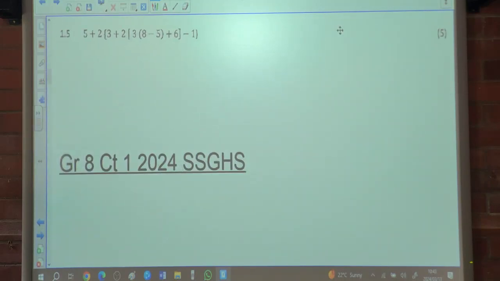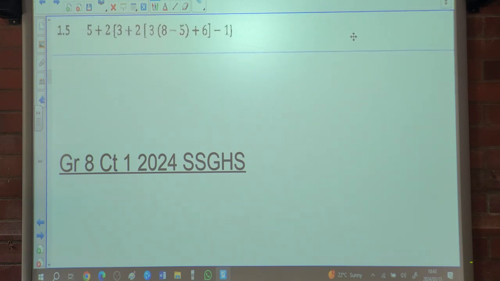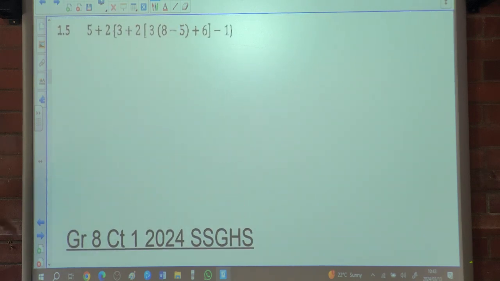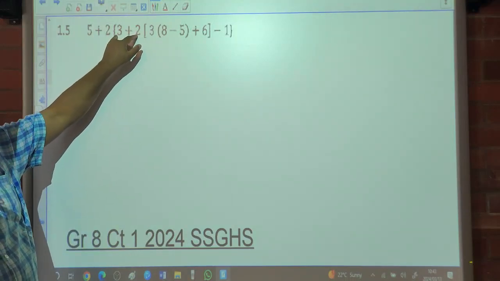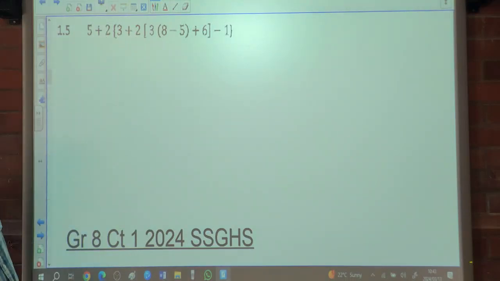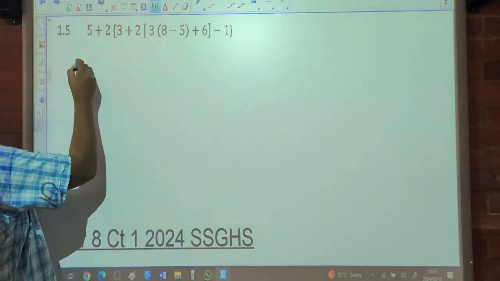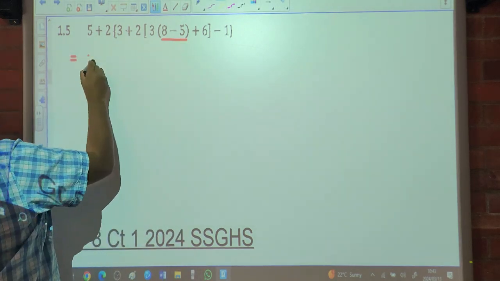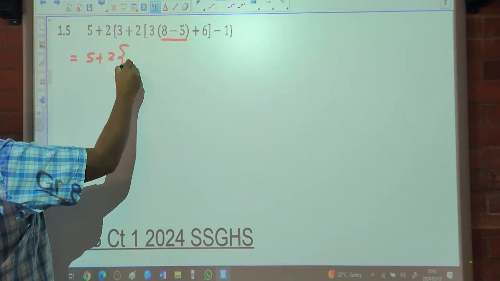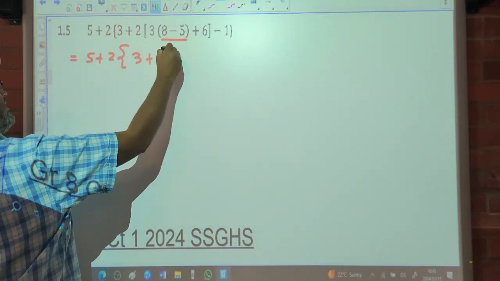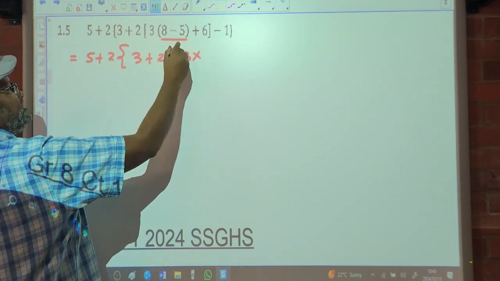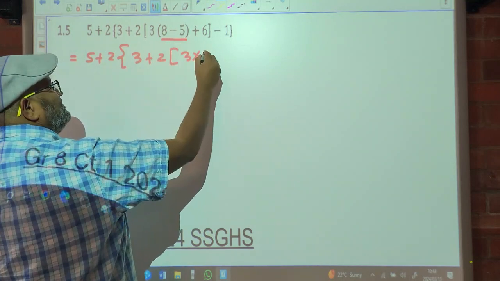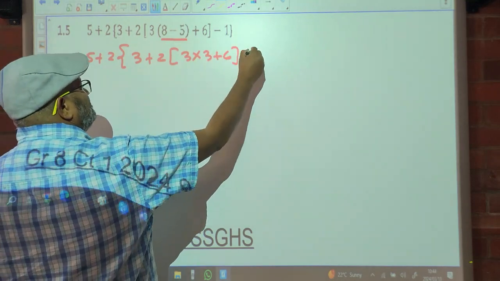Next, 1.5. Now, some of you added 3 and 2 to give you 5. Well, that's haram. What must we do first? The most inner bracket. So it's going to be 5 plus 2 squiggly bracket, 3 plus 2 block bracket, 3 times 8 minus 5, plus 6 minus 1.